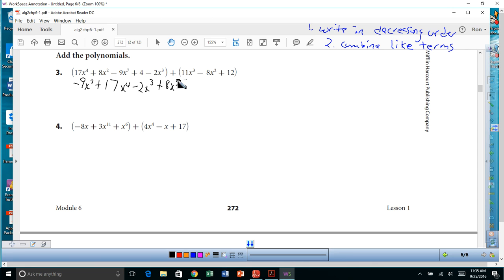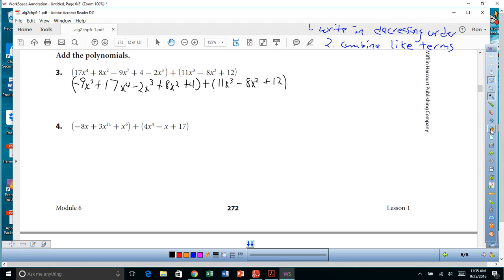There is no x, but we have a plus 4. So first, write them in decreasing order. And then you have 11x to the 3rd minus 8x squared plus 12.